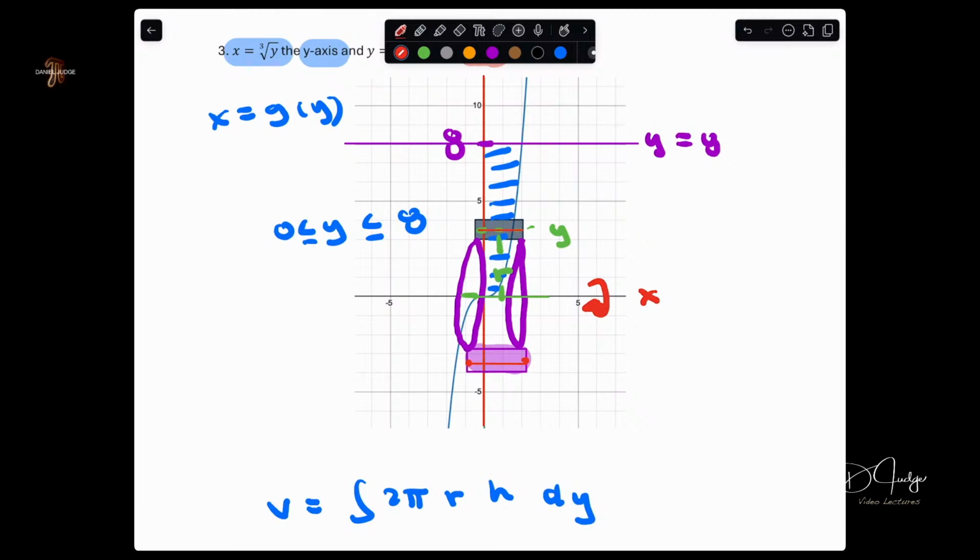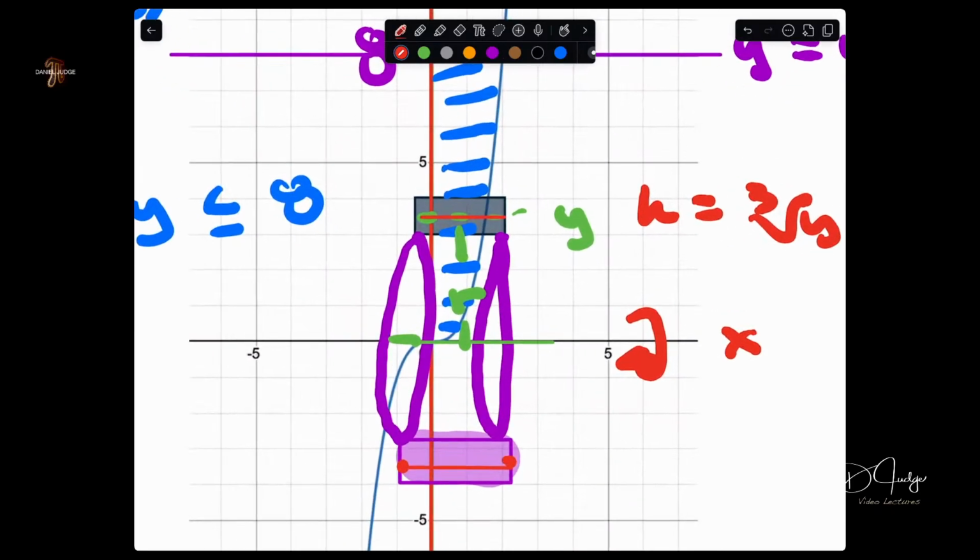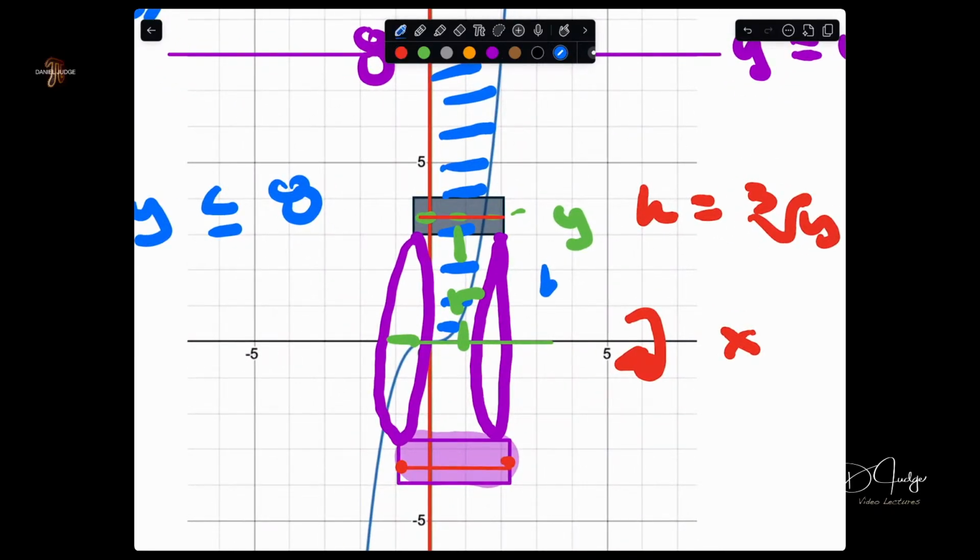So you have the height being the curve, if you want to think of it this way. Your height's going to be the curve cube root of y minus that 0. It's going to be the right value minus the left. So your height, you can think of it as x right minus the x left here, okay?